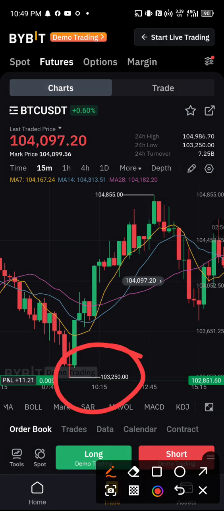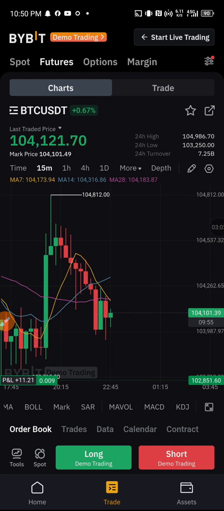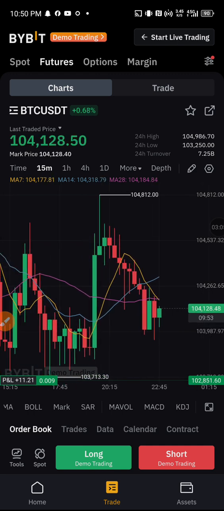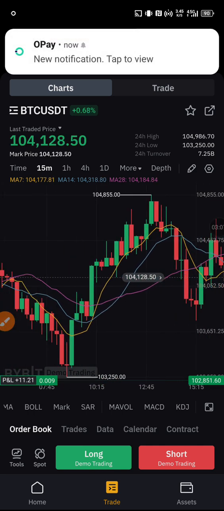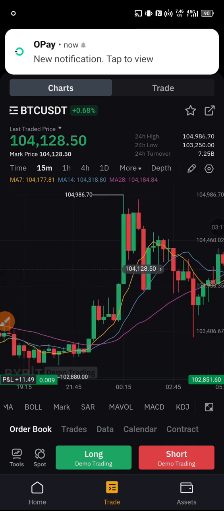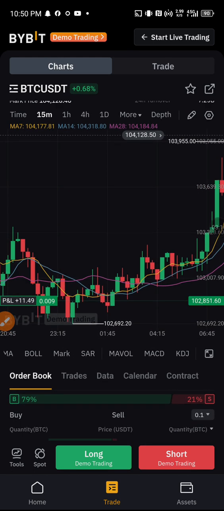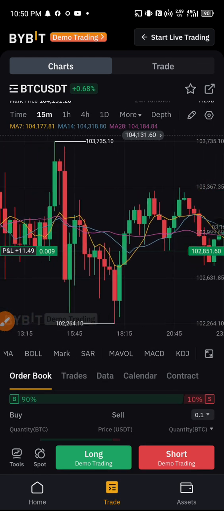This is another opportunity, and I'll sell it here. So you can see how it takes up, and we are here today, and I made these few profits in USDT for myself.